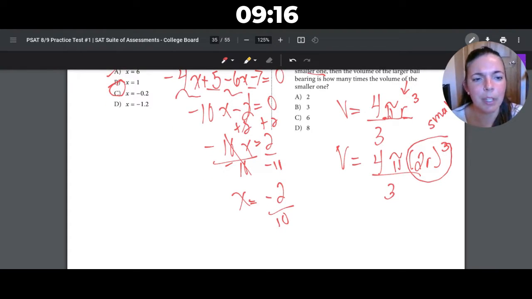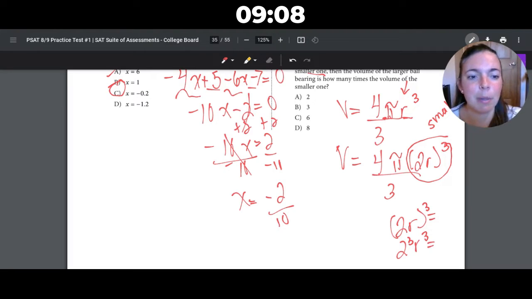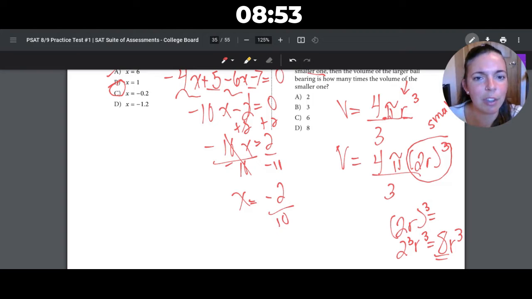So let's simplify that. 2r to the 3rd would mean 2 to the 3rd times r to the 3rd. 2 to the 3rd is 2 times 2 times 2, which would be 2 times 2 is 4, times 2 more is 8. 8r cubed. So if the original formula just had radius to the 3rd, and this one now has 8 radius to the 3rd, this is going to be 8 times that.